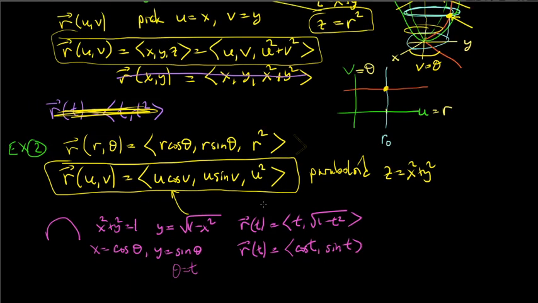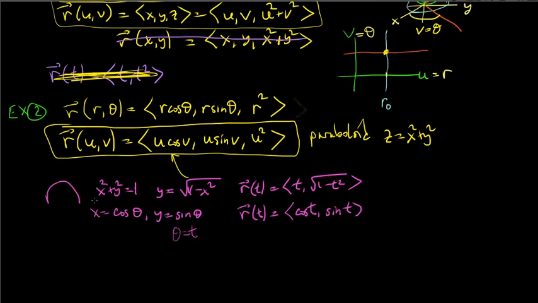And that also brings up the idea that if you're only using the top half of the circle, then t only goes from 0 to pi. If you want to go over the whole circle, you would go 0 to 2 pi. But for the half circle, it's just 0 to pi.